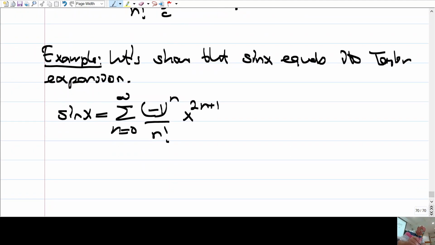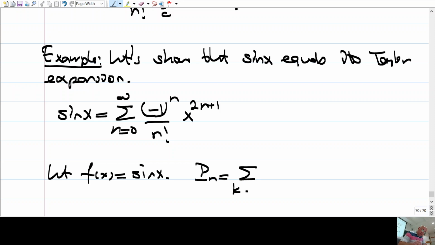Okay. For this, I'll do the following. Let f of x equal sine x. Pn of x is the nth Taylor polynomial. So it is just this gadget, the sum over k from 0 to n of (-1)^k over (2k+1) factorial x to the power 2k plus 1.